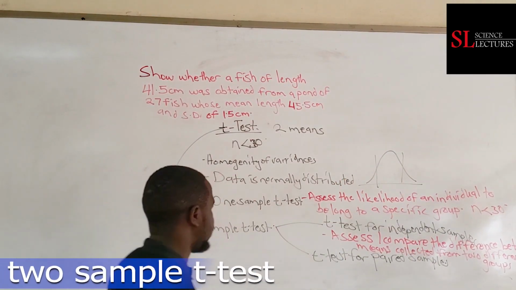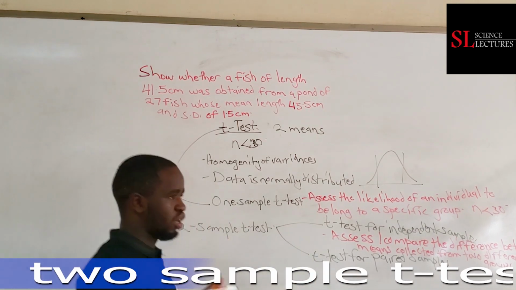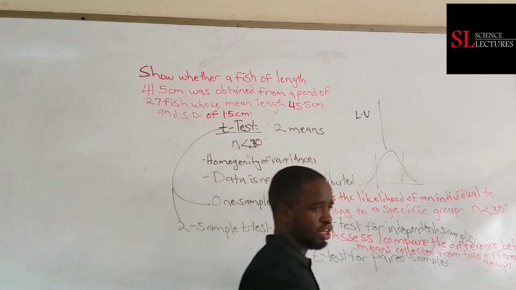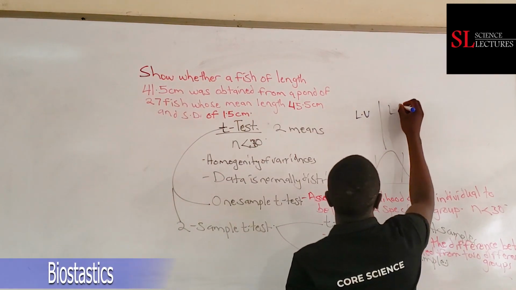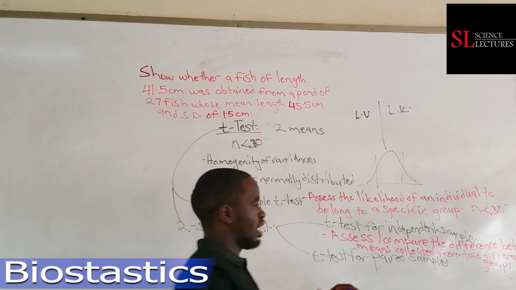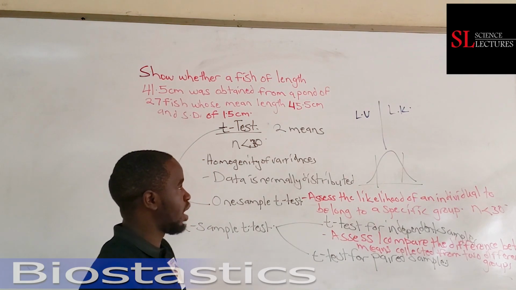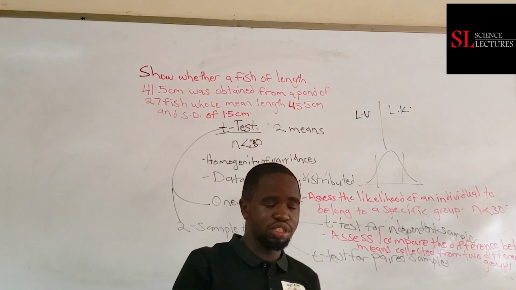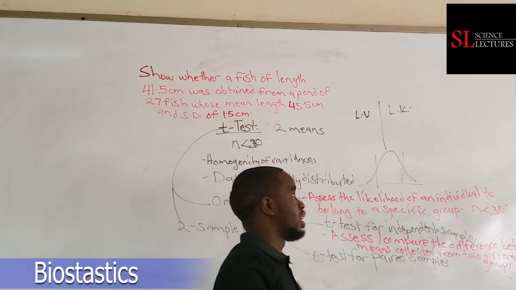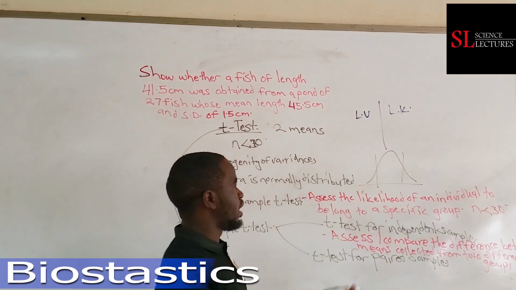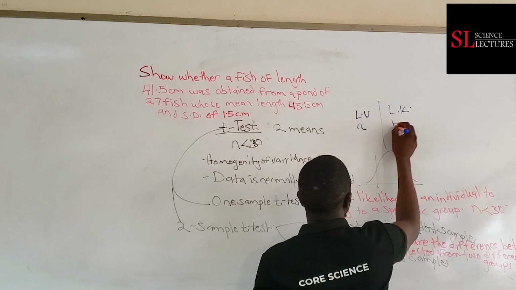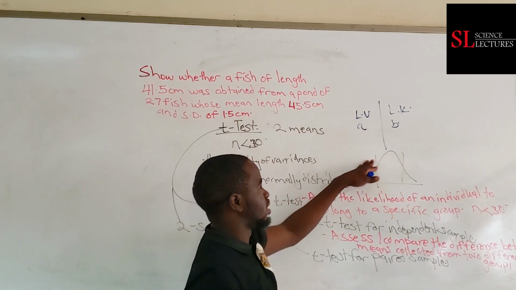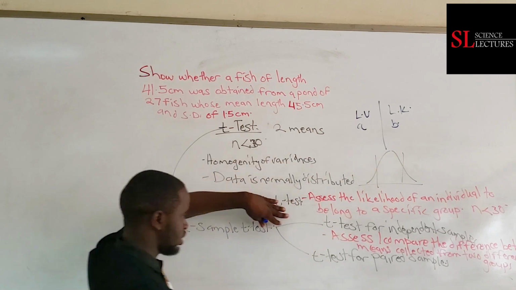For example, if I collect fish from Lake Victoria, and I collect fish from Lake Choga, then I get their weight, because their weight gives a normal distribution, and I add their weight to obtain, let's say, mean A and mean B. So if I want to see whether their means are the same or different, I would use a t-test.